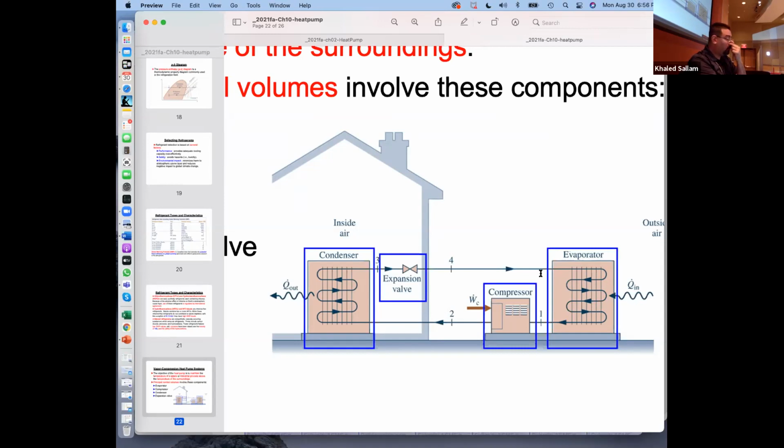So one time I had a problem like this in the final. And one student, after the exam was over, emailed and asked how is it possible. I was telling them this is a water heater working on a heat pump, and calculate, if the temperature outside is this much and the temperature of the water inside, I want to heat the water to 100 degrees C or something, what is the COP?